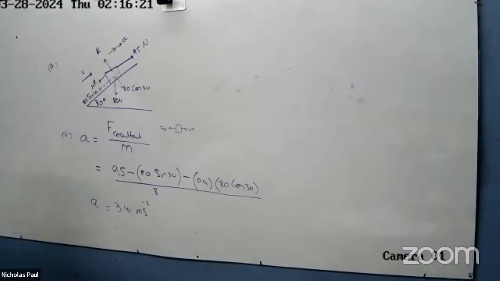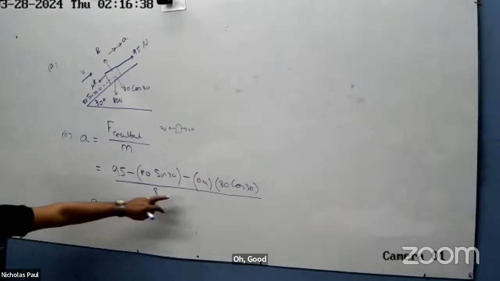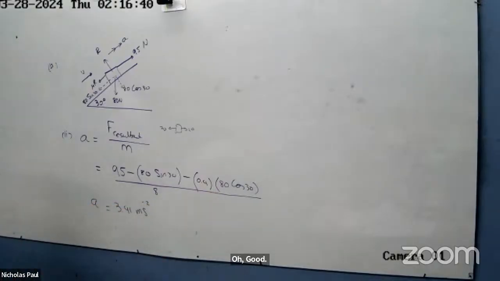You had to find R, because you know mu, so you had to find R. R is 80 cos theta. Subtracted by 95, you still have to subtract out 95 as well.